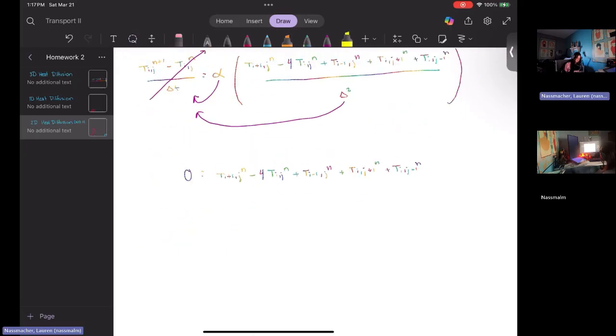And we want to find the temperature at position ij. So let's add that over to the other side and divide the other side by 4 to get our final expression of T, temperature at our position ij at time n, is equal to T i plus 1, j.